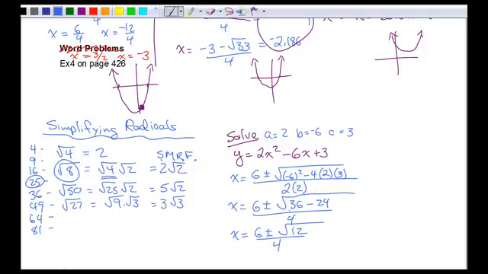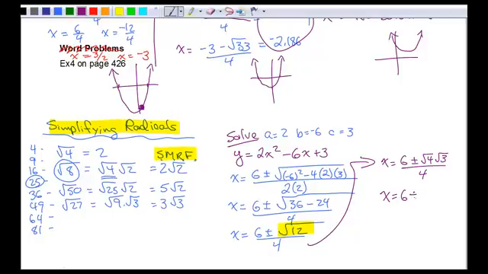And this is where this idea of simplifying a radical, or putting it in simplest mixed radical form, comes in, because I can take root 12 and I can simplify that. So if we continue that over here, we get x is equal to 6 plus or minus the perfect square that goes into root 12, which is root 4. And it's root 4 times root 3 that gives me root 12, all over 4.